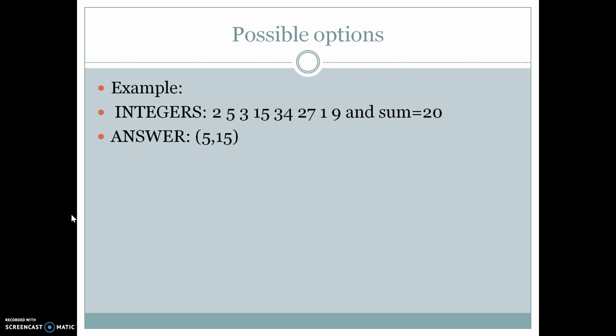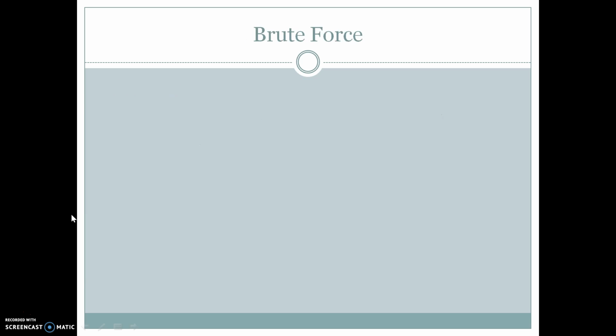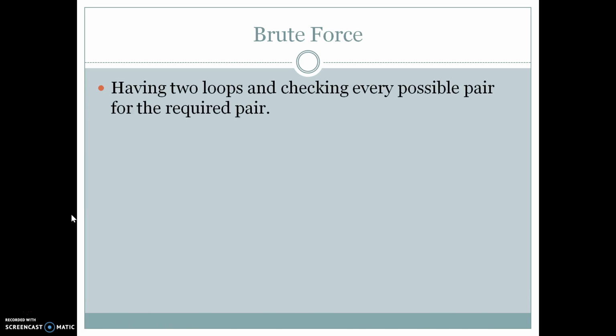So first of all, I want you all to guess for the answer, and please pause the video and start thinking. So let us take the first method, and that is the brute force method. In brute force, we are going to check each and every possible pair and add it up to check if it equals the given sum.